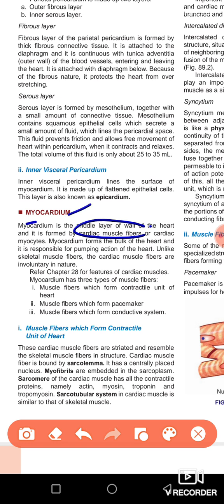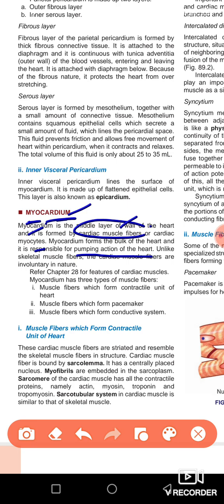The word myo means muscle and cardium means heart, so it composes your heart muscles. It is composed of heart muscle fibers and cardiac myocytes. Myo means muscle and cytes means cells, so it is composed of muscle cells and muscle fibers. The function of this layer is to pump blood into your whole body.